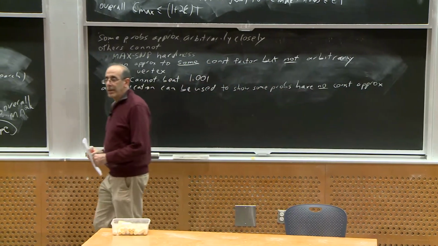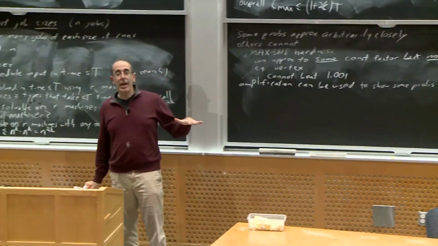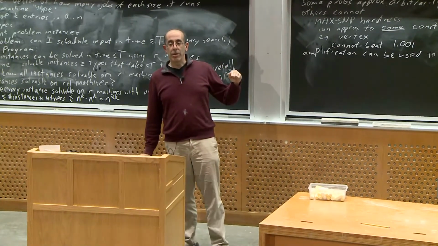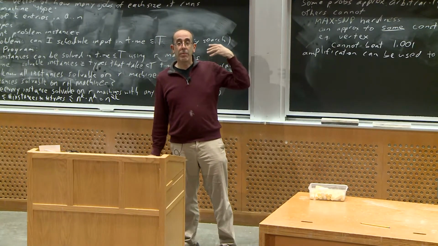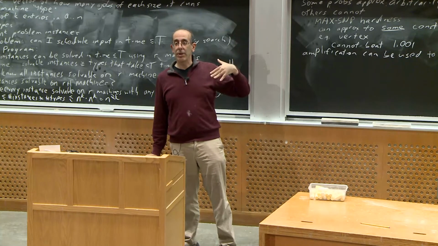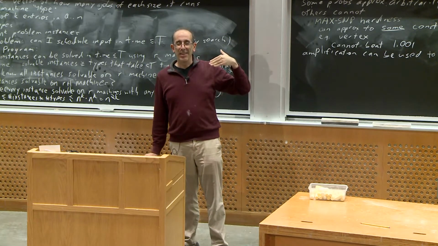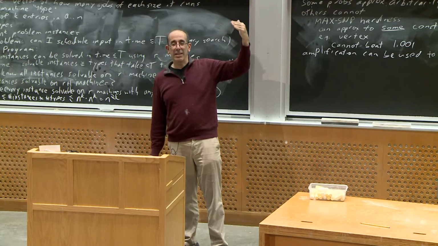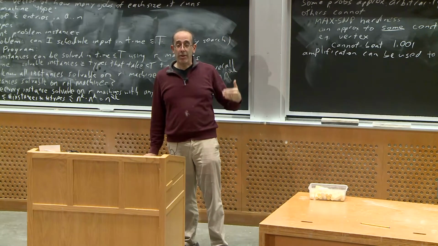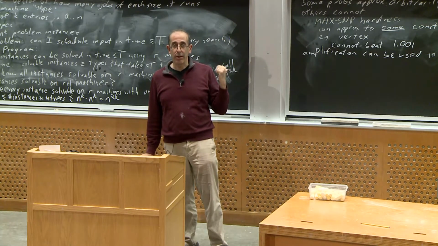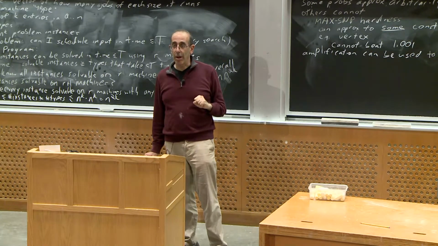Okay. Basically, you show this problem cannot be approximated to within 1%, and then you also show that if it can be approximated to within any constant, it can also be approximated to a better constant, right? And so if it can be approximated to any constant, then you can keep making the constant better and better until it beats 1%, and you're violating the max SNP hardness of the problem.